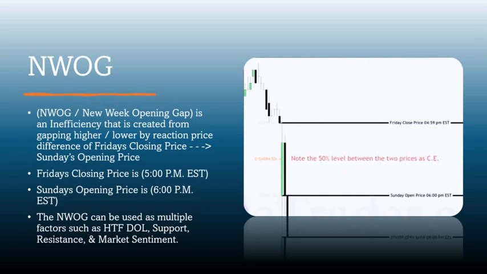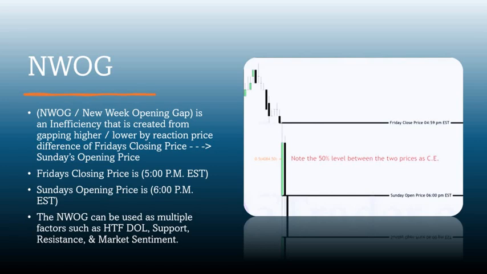So these new week opening gaps, when you spot them, mark them out and keep them marked out for multiple weeks on end, because this is the higher time frame draw on liquidity. And the market algorithm will target this, and it'll be projected even with more velocity with institutions targeting it as well. Okay?